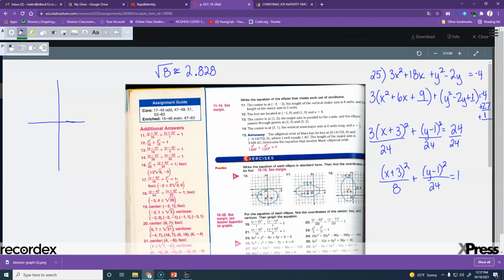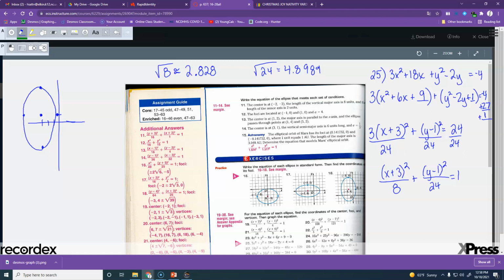So our center would be at negative 3, 1, and we'd go to the right 2.82 and to the left 2.82. So you're just estimating and get something close, right? And then square root of 24 is going to give us something close to 5, 4.89. So we'd go up about 5 and down about 5. And we draw our graph.